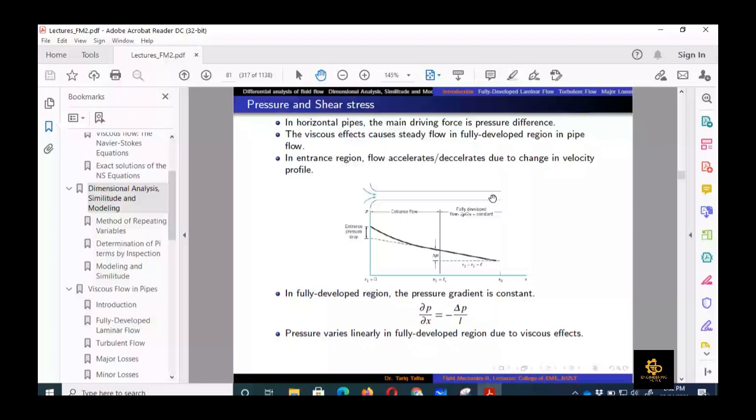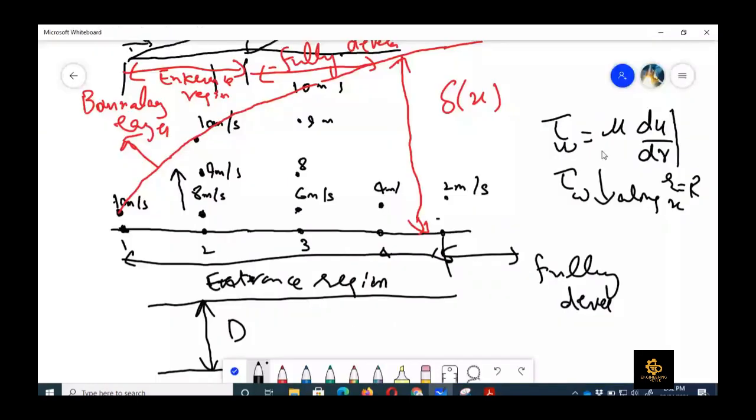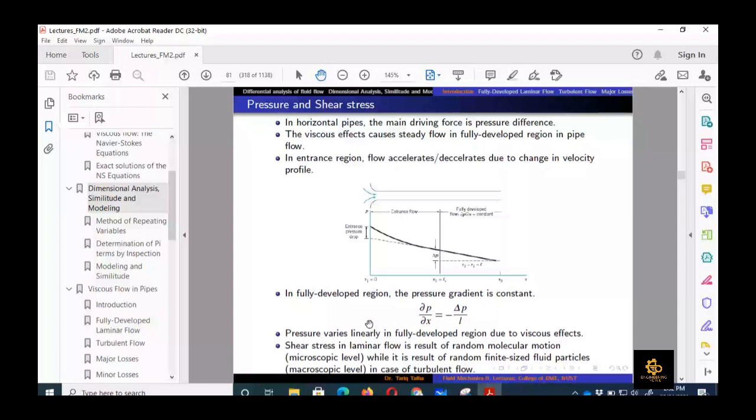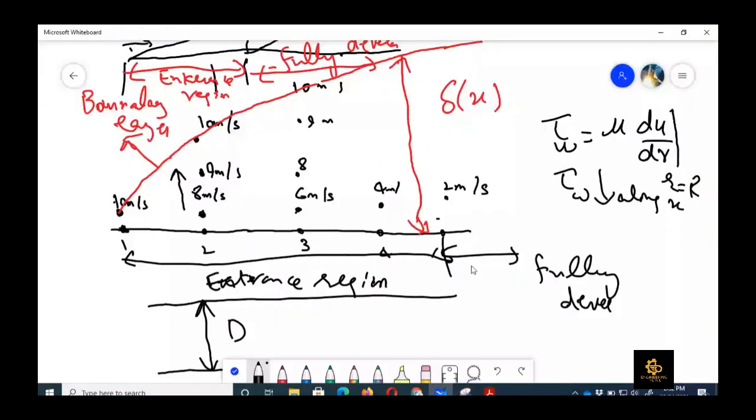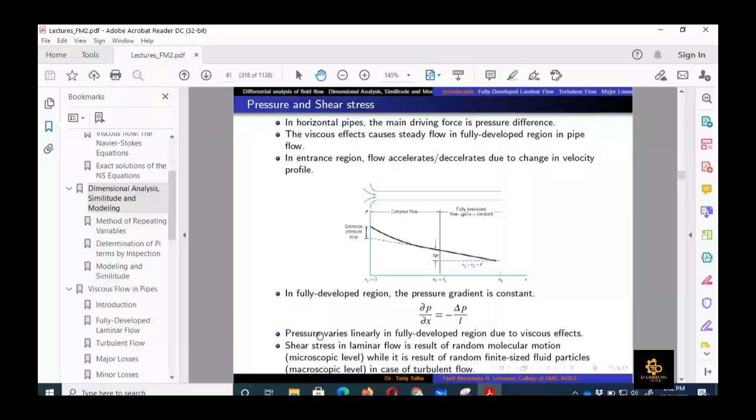The shear stress in laminar flow is the result of random molecular motion, which is depicted by the relation tau omega equal to mu du by dr. In the turbulent case, it is a macroscopic phenomenon due to the random motion of fluid particles. But in laminar flow it is a microscopic phenomenon, depending only on the viscosity. In turbulent flow, it also depends upon the random motion of particles from one streamline to another, in addition to the viscosity effect.